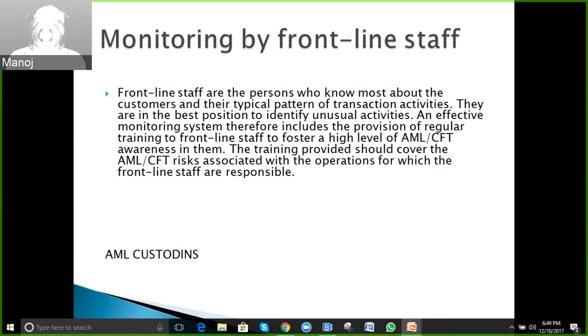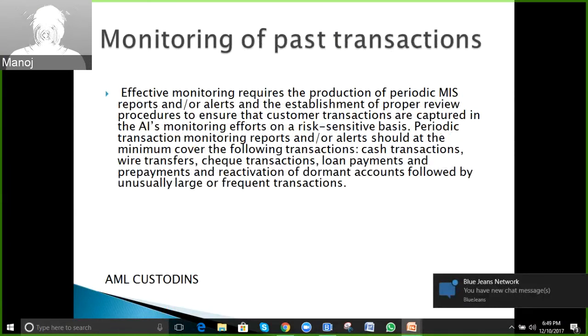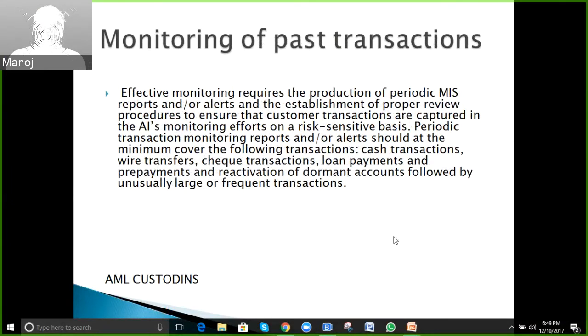In that way we can identify fraudsters and money launderers and exit the relationship with the bank. So front end staff make much more difference, they play a very important role, and training for staff members is really useful. They have face to face interaction with customers, and they play a very important role in identifying fraudsters and money launderers.